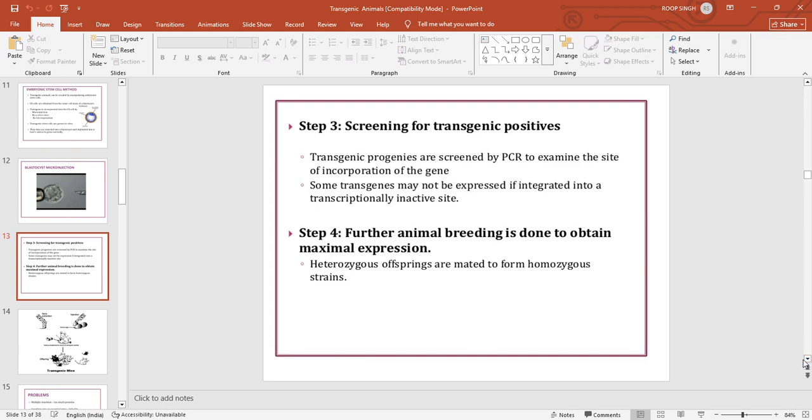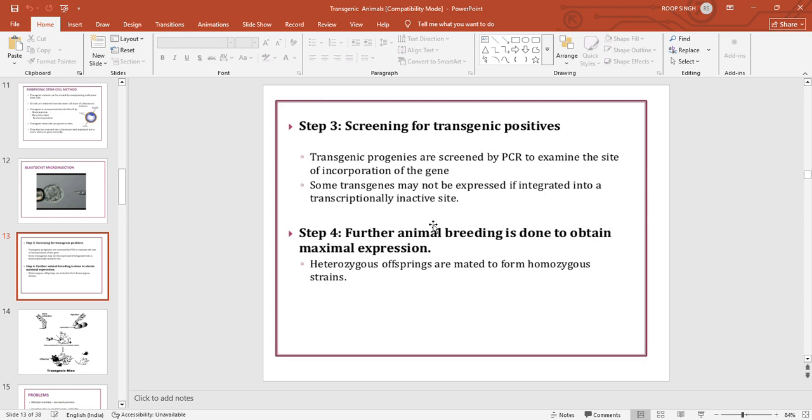So once you have introduced genes via embryonic stem cells or through microinjection into the pronucleus, then screening for the transgenic is carried out.